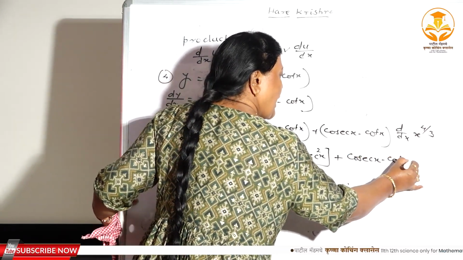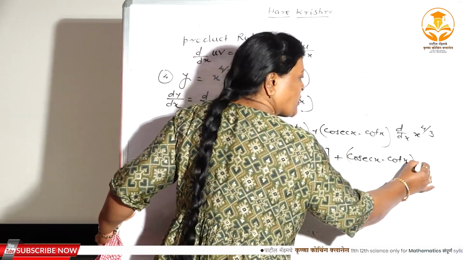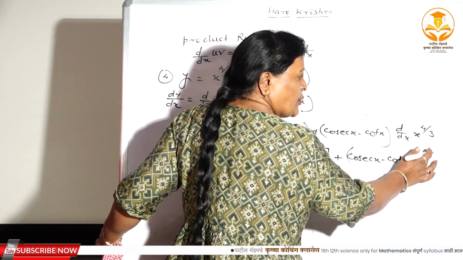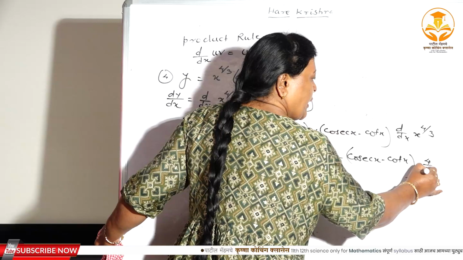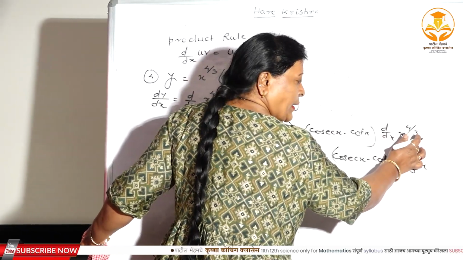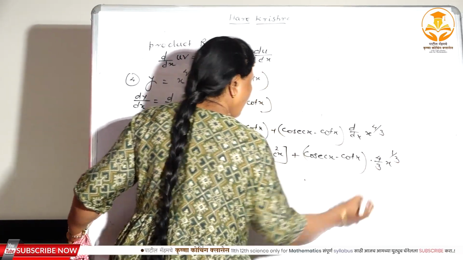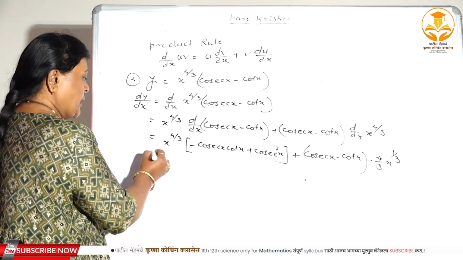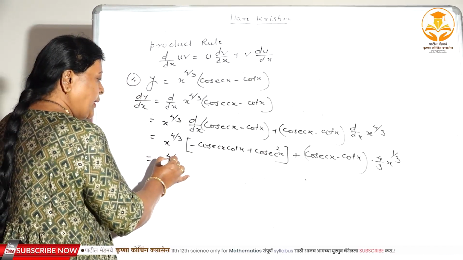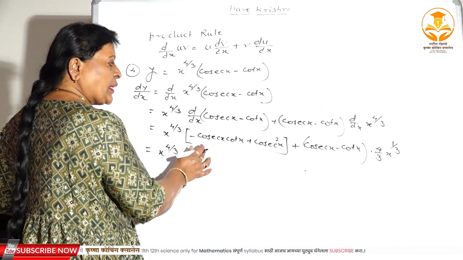Again, cosec x minus cot x remains as it is, and the derivative of x to the power 4 by 3, again you have to use the power formula, 4 by 3, x to the power 4 minus 3 means 1 by 3. Right? Now again, if you observe this, here x to the power 4 by 3, from this you can take cosec x common.